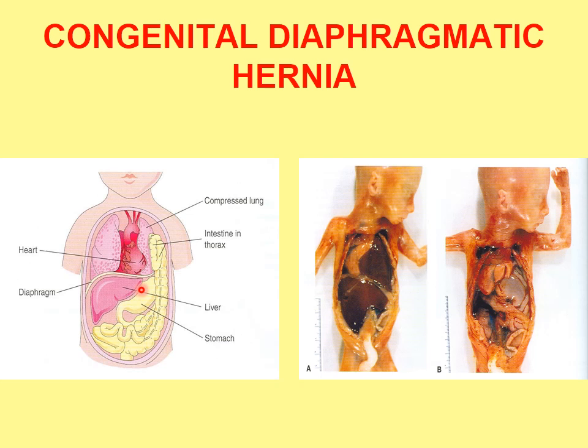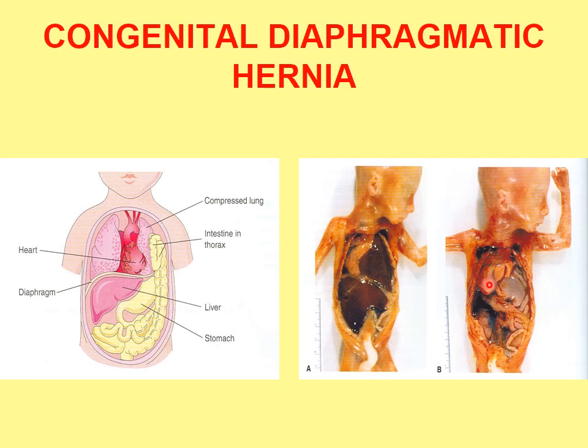These abdominal viscera push the structures in the thoracic cavity, causing pressure on the heart and compressing the lungs, and because of this compression the lungs become hypoplastic. So this has a very high mortality rate.